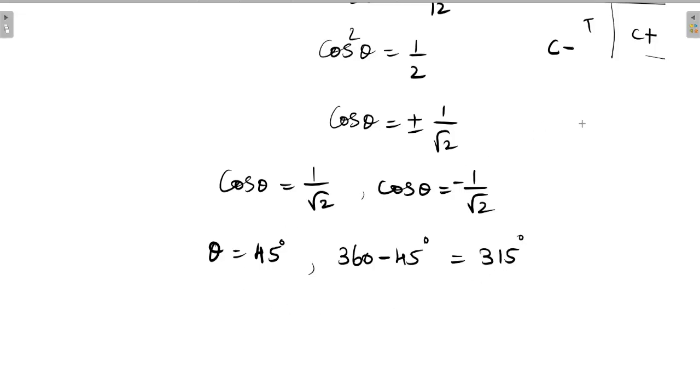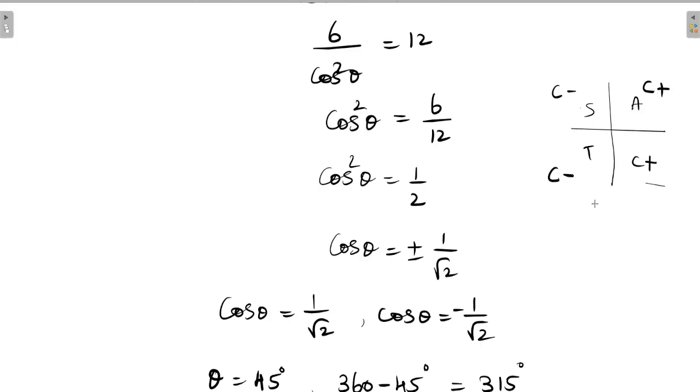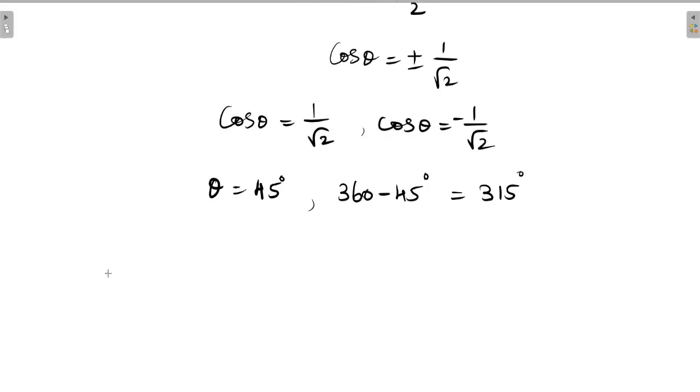And when cos is negative, which is the second quadrant and the third quadrant, that is 180 minus 45. So another theta value is 180 minus 45, and in the third quadrant theta is 180 plus 45.